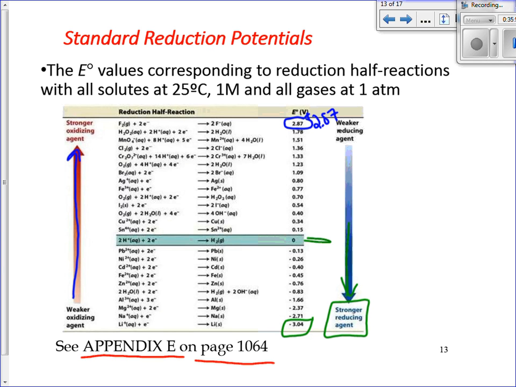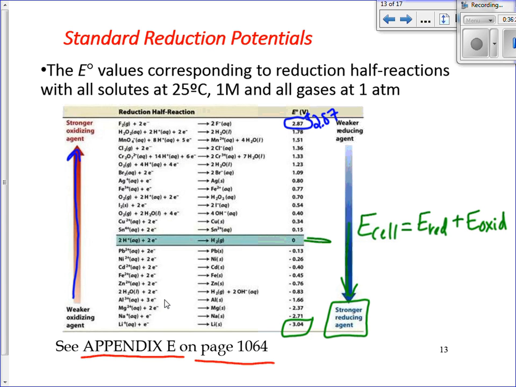But when you're calculating E cell, it's basically going to be you adding the E of the reduction side plus the E of the oxidation side. Okay, so that's how you're going to calculate your E cell. But in order to find the oxidation one, you have to reverse the reaction.